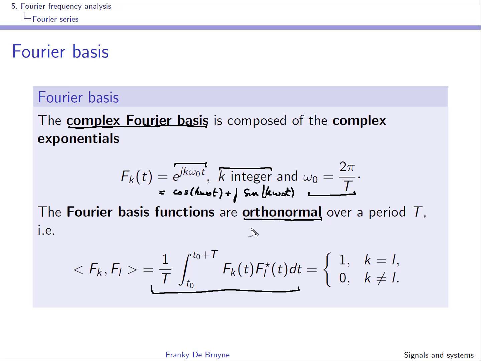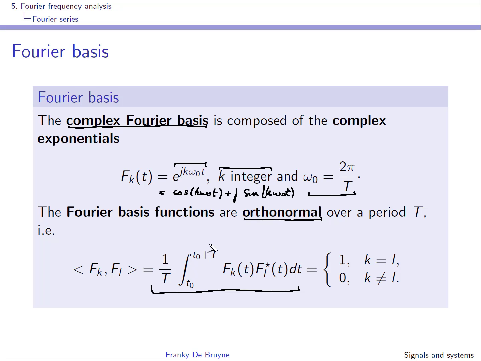And if this Fourier basis is orthonormal, then if you take two functions with k different from l, you should have a 0, indicating that these functions are orthogonal to one another. And if you take k equal to l, then you should have a 1. This is the same thing as with the standard basis in R cube. If you take the scalar product of e1 by itself, you have a 1, and if you take the scalar product of e1 and e2, you have a 0.